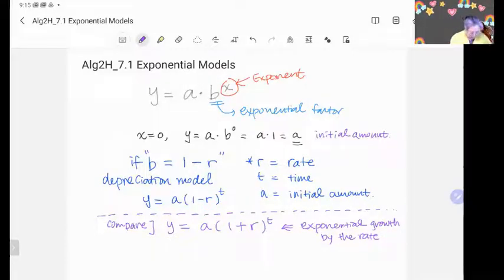Okay, then let's do quick examples. The depreciation is nothing but exponential decay by the rate, right?